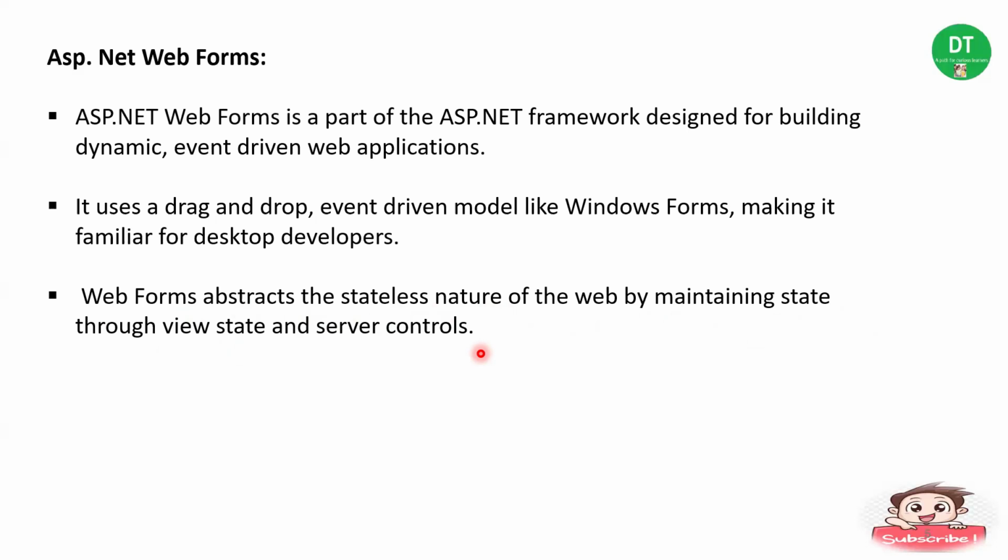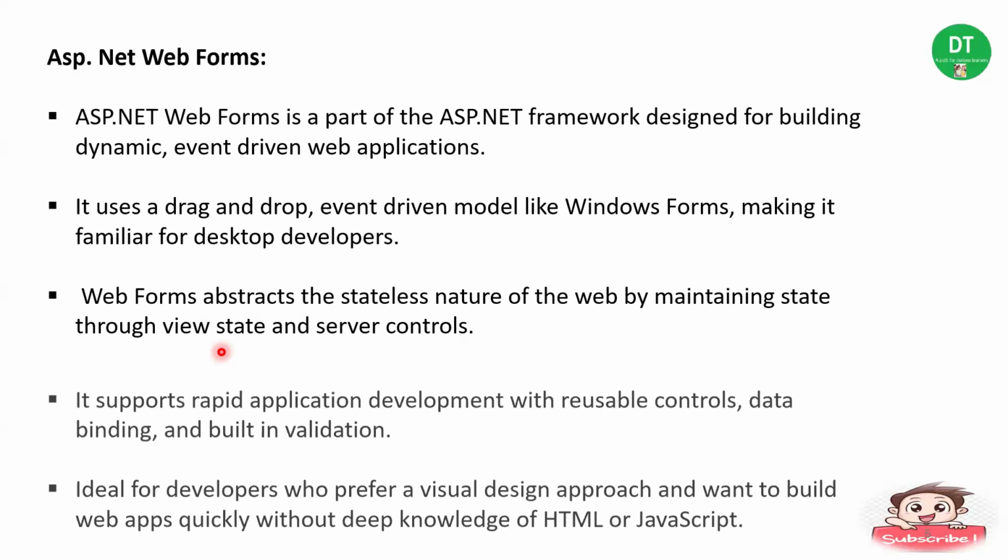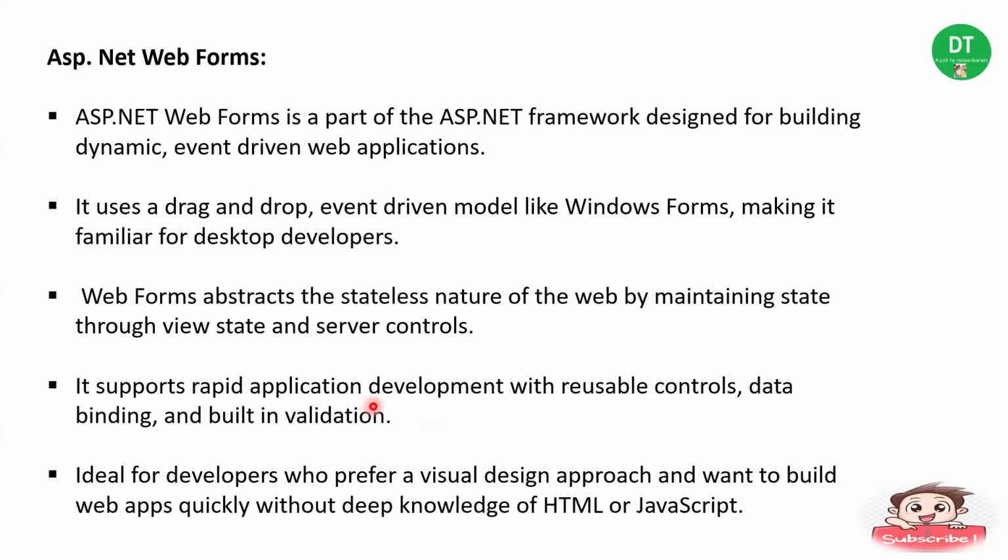If we want to maintain the data after the round trip, view state and server controls are used. So view state is also a functionality of ASP.NET Web Forms. It supports rapid application development with reusable controls, data binding, and built-in validation. It is ideal for developers who prefer a visual design approach and want to build web applications quickly without deep knowledge of HTML or JavaScript.